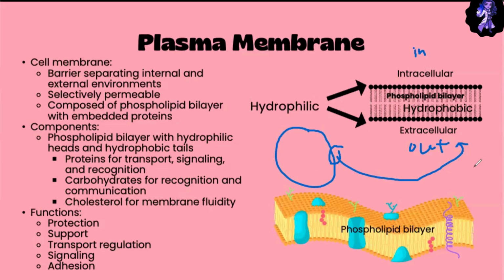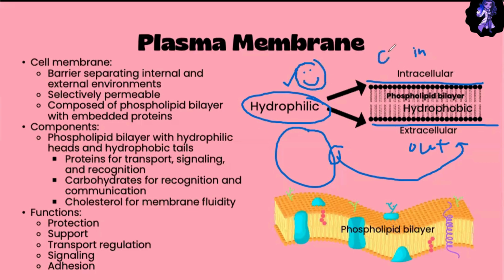On the inside and the outside of that slice, they have the quality of being hydrophilic. If you remember, it really loves water. It is water friendly over here, so it's going to be water friendly on the inside of the cell and water friendly on the outside of the cell.